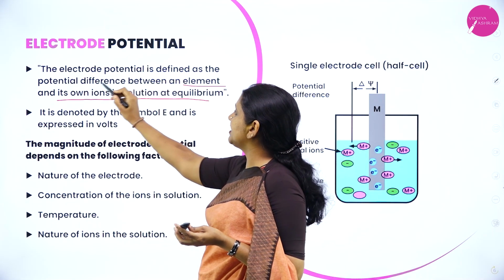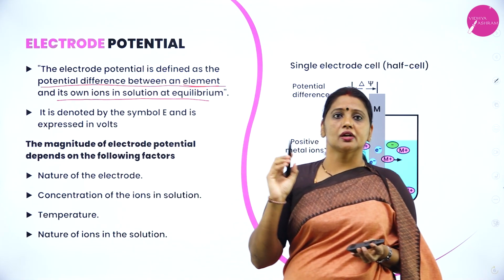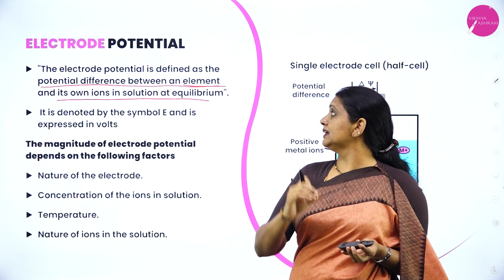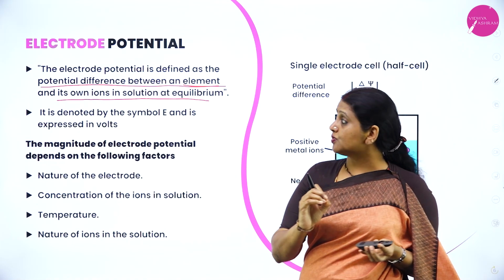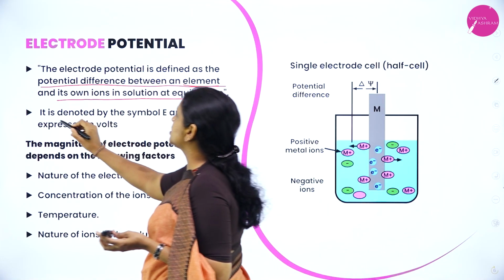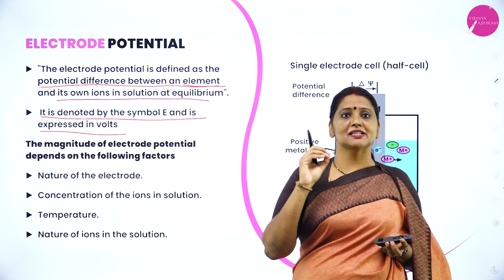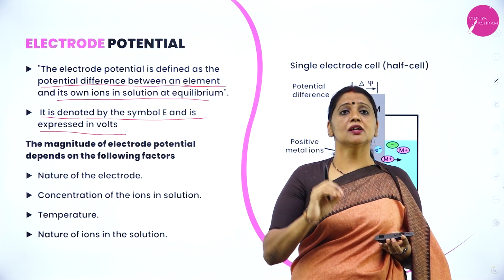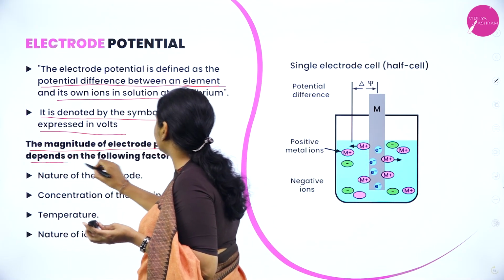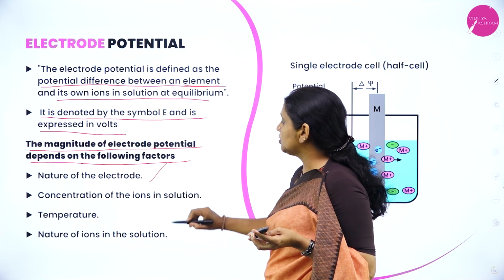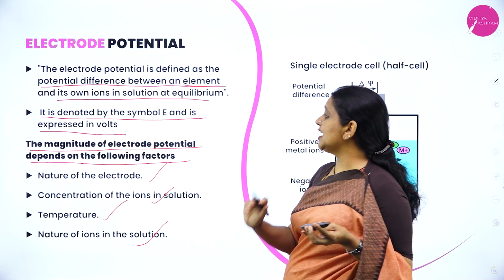Electrode potential is defined as the potential difference between an element and its own ions in solution at equilibrium. It is denoted by the symbol E and is expressed in volts. The magnitude of the electrode potential depends on the following factors: nature of the electrode, concentration of the ions, temperature and nature of ions in the solution.